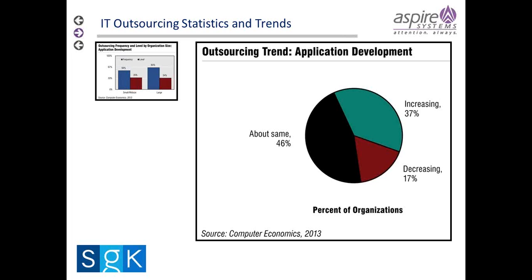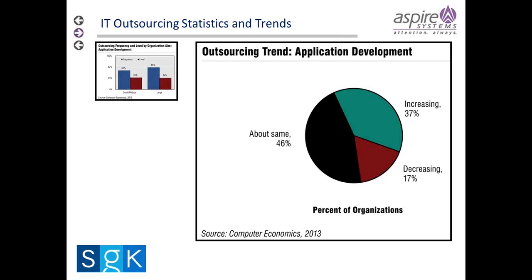We look at 17% of the companies who have reduced their budget allocation towards IT outsourcing. But that is more than compensated by 37% of the companies who have actually increased their allocation to IT outsourcing. So the trend is positive, and it is continuing to increase.